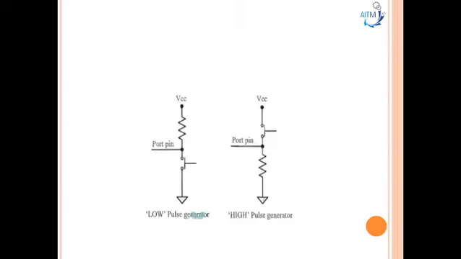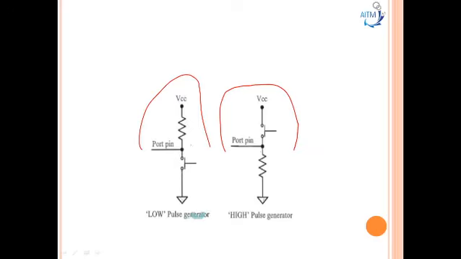Then the push button stays in the closed state for push to make type or open state for push to break type here. Usually a push button is used for generating a pulse, as you can see in the diagram. The left side is used for generating the low pulse, and the right side circuit is used for generating the high pulse here.